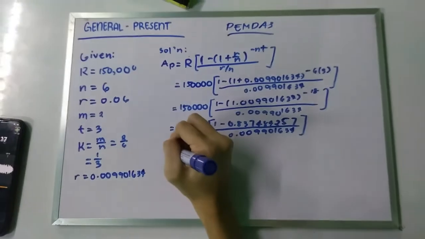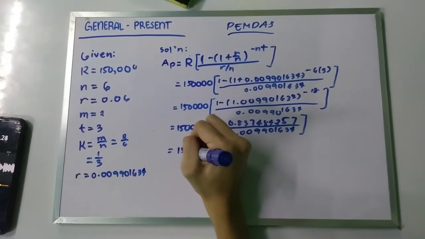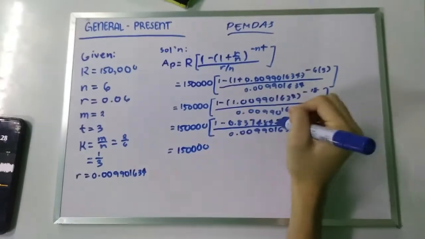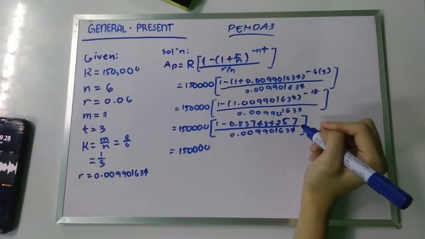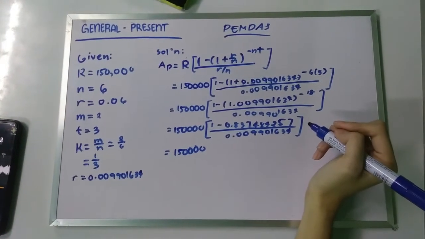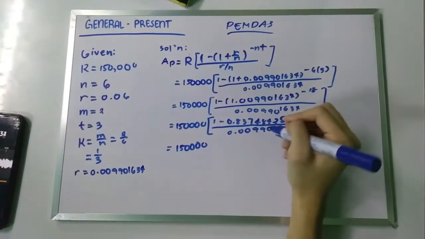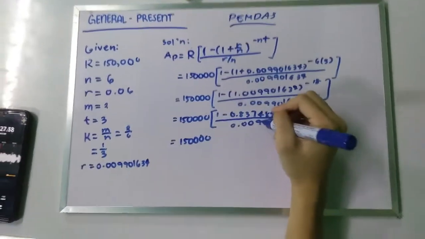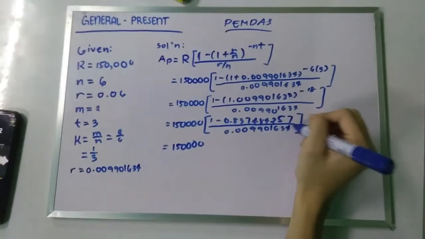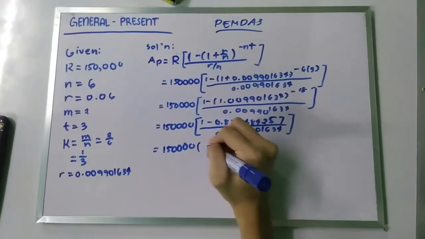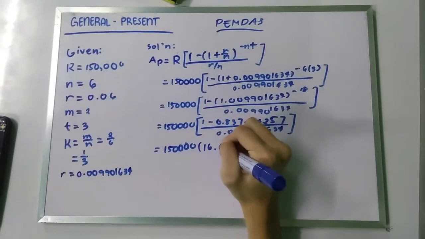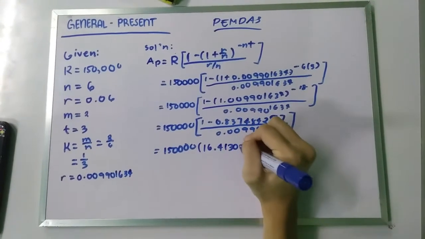1 minus 0.837484257 is 0.162515742, divided by 0.009901634. Then we have 16.4130226.